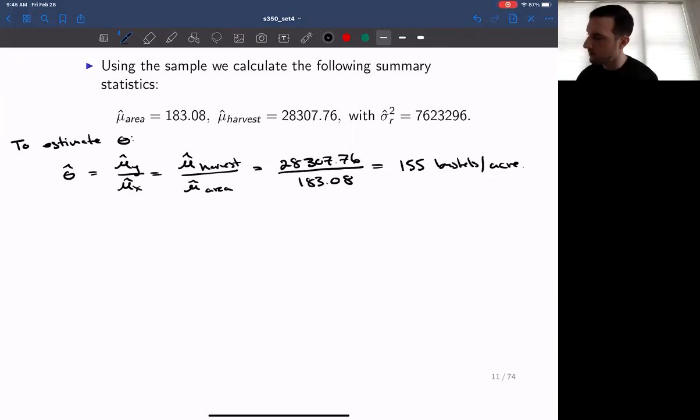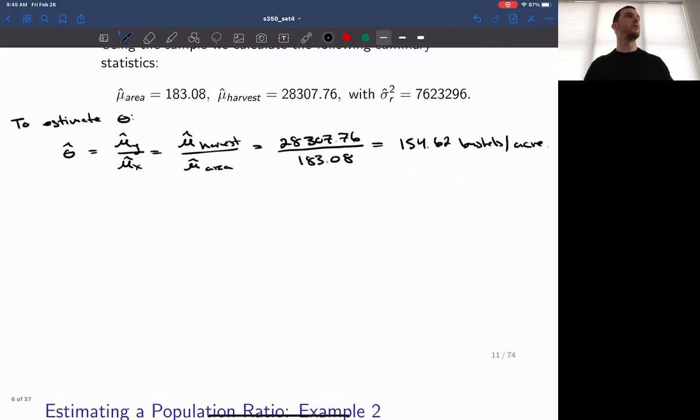I shouldn't be so cavalier with rounding, even though it sounds nice as a whole number, it would be 154.62.